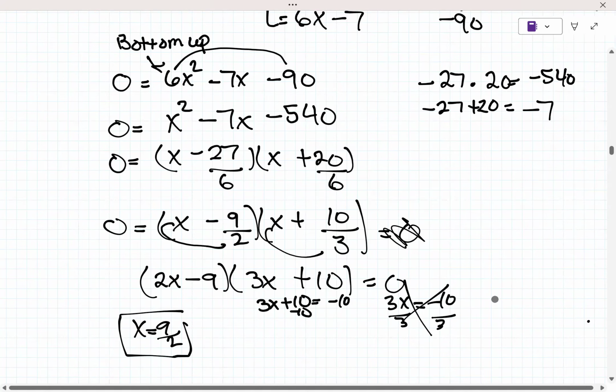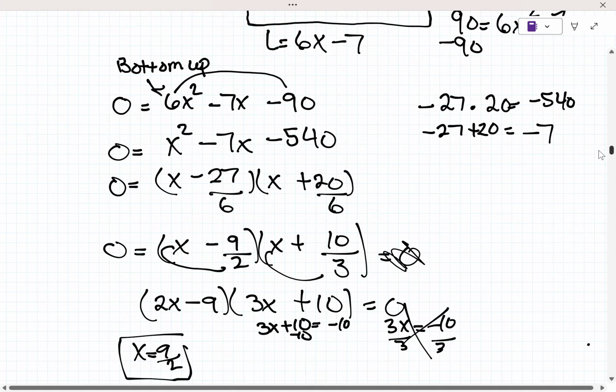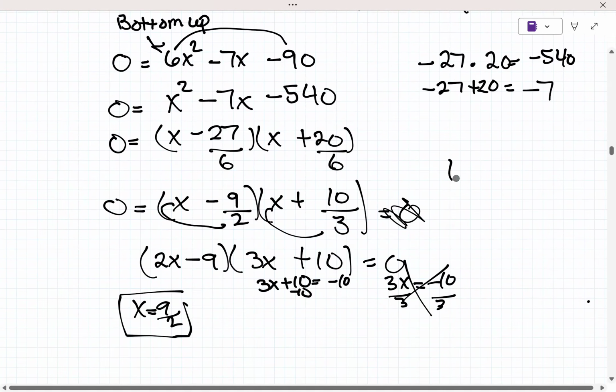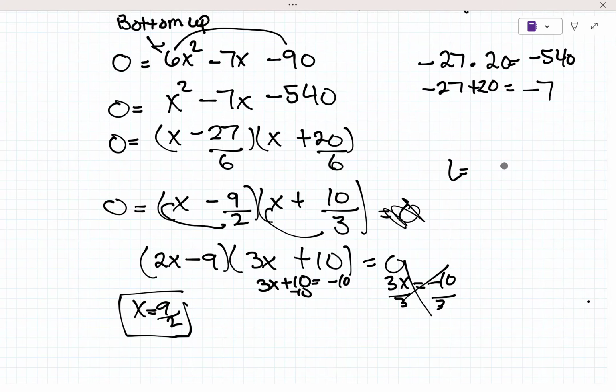So what they're asking is the actual length and the width, right? So we found our x. Our length is 6x minus 7. So all you've got to do is replace x with 9/2.